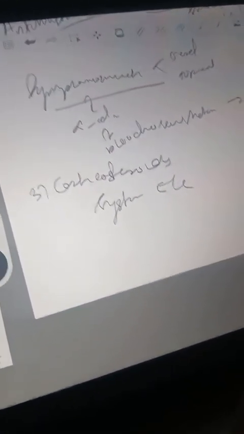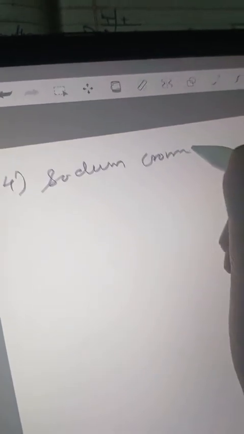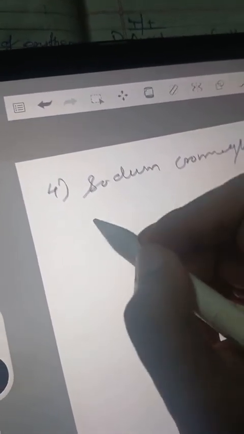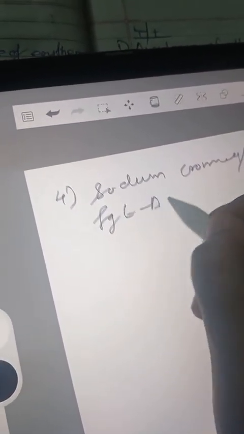Next, the fourth one being sodium chromoglycate. What does this mean? Basically it stabilizes the mast cell and prevents it from degranulation despite the formation of the IgE antigen complex.